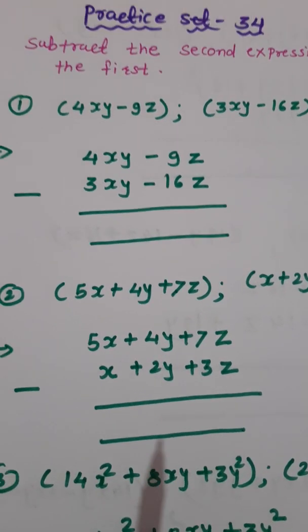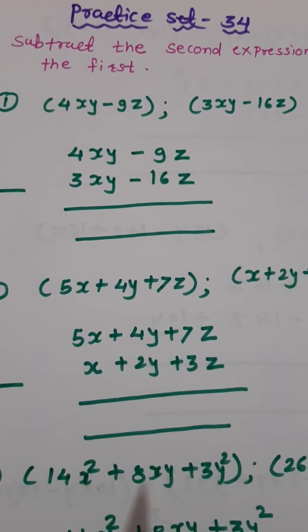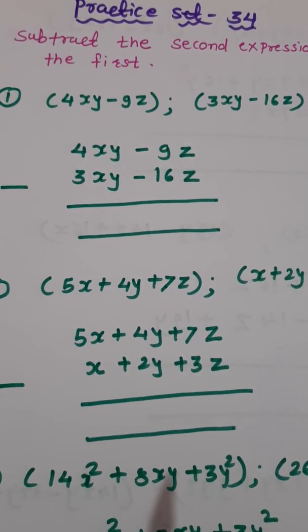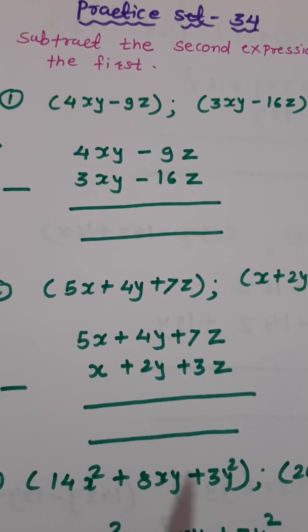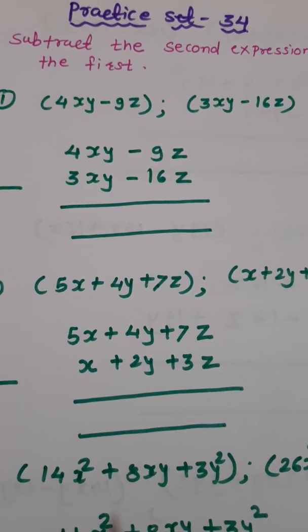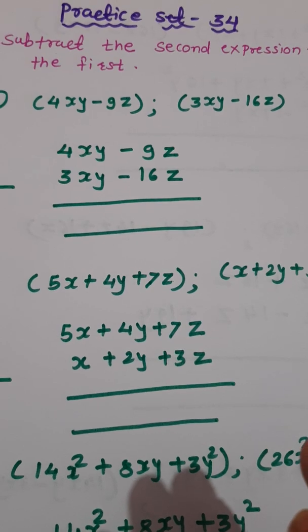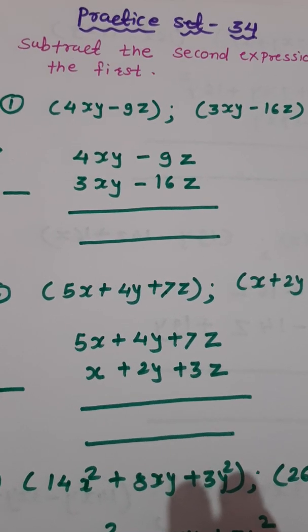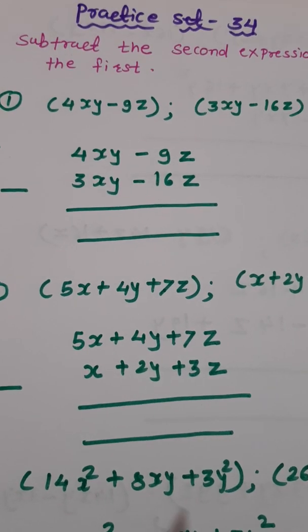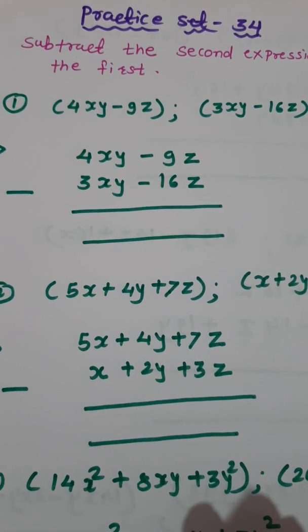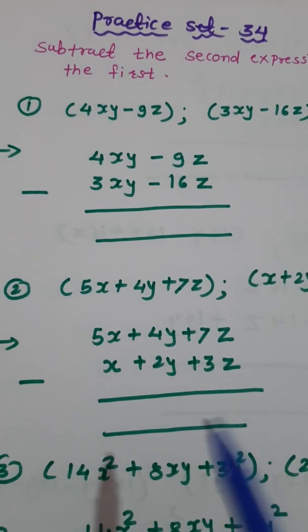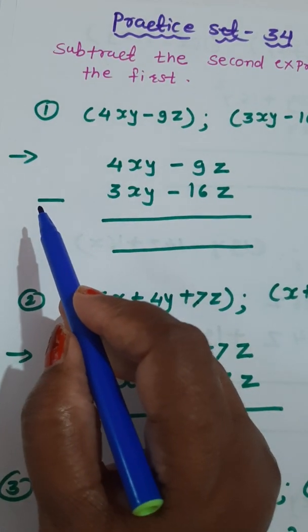Now, while subtraction of the algebraic expression, the most important rule is that signs of the second terms are changing. It means what? If the term is positive, it becomes negative, and if the term is negative, it becomes positive because of this negative sign.